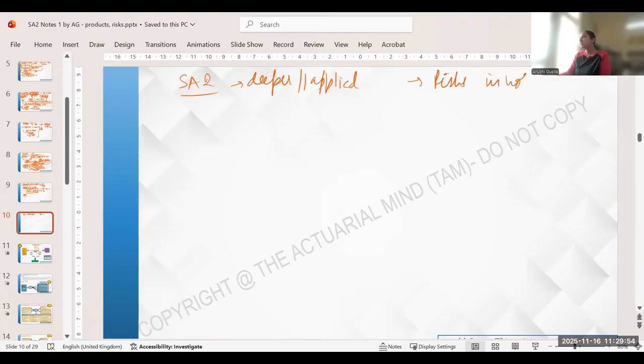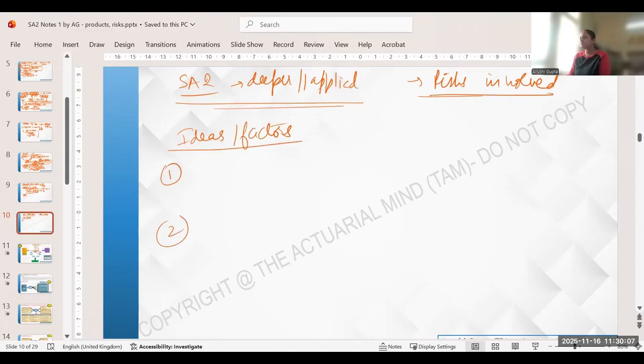If this question came in an SP2 exam, what you would do, which would be the same in SA2, is you will have a list of ideas or factors, that is, which risks could be there. So based on the product, you make a list vertically, which is your column A. You think of n ideas. Suppose it is a term product, you say, okay, there is going to be mortality risk, there is going to be expense risk, etc.